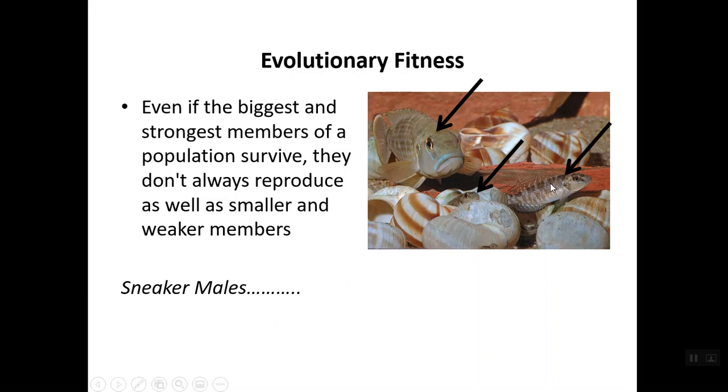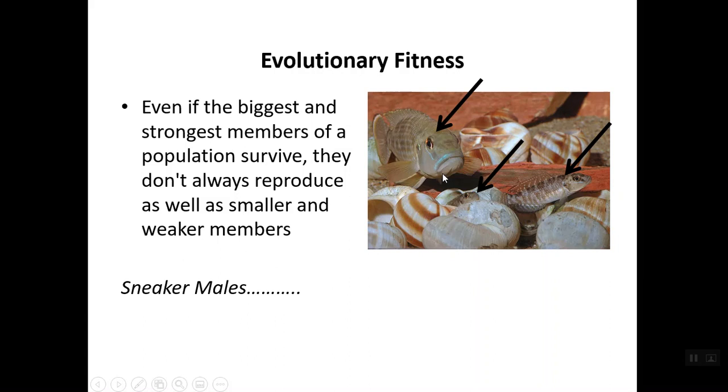So what happens here is that because the big male is not actually able to distinguish between the female and the small male, it allows the small male to stay around the female. And what happens is that while this female is depositing the eggs, the small male will be closer to the female and release the sperm, and so will have more chances of fertilizing the eggs than the big male.